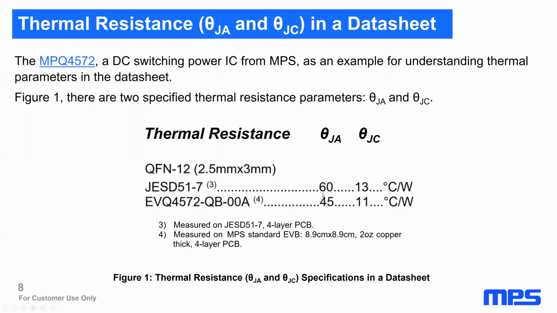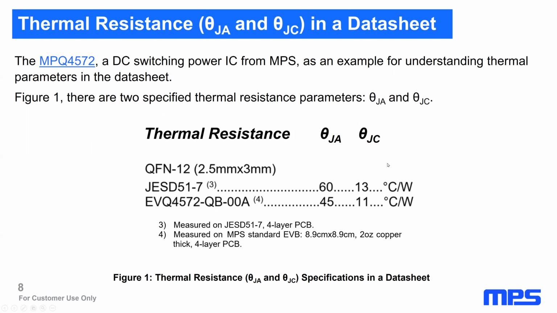That's valid if the IC is mounted on the JESD51-7 PCB. That's a standard PCB with a defined size. If the IC is mounted on our evaluation board, the theta is lower, at 45.